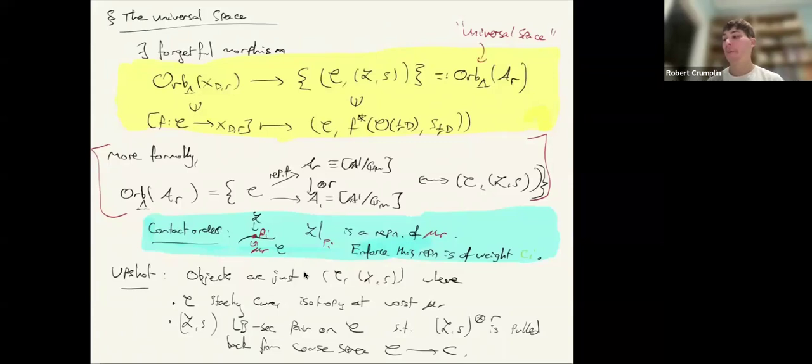And so that's a new way to interpret these contact orders in this space. That's really the key point: you've got these line bundle section pairs on these stacky curves, and the contact orders are telling us about representations on the fibers, on the stalks of these line bundles. So there are some constraints.